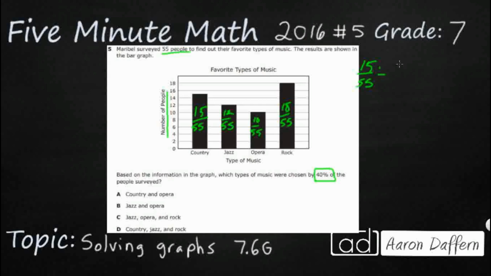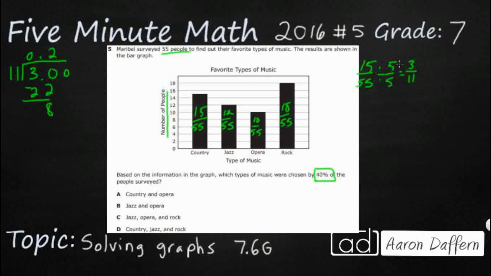We could reduce it if we wanted to, so let's divide it by 5s. So that's going to be 3/11ths. But if I want to turn that into a decimal, watch what happens. You divide 11 into 3. 11 goes into 30 twice.